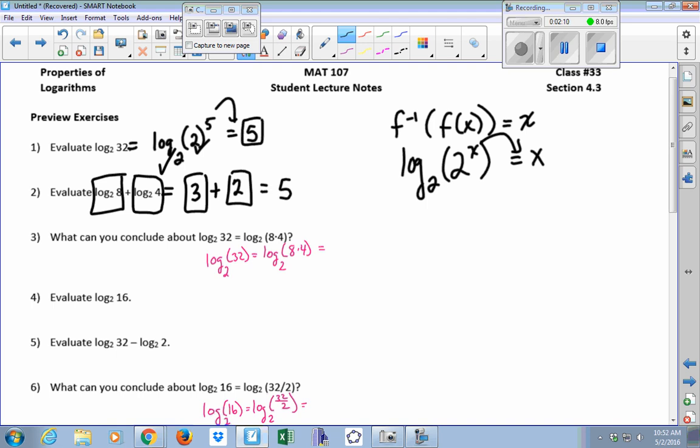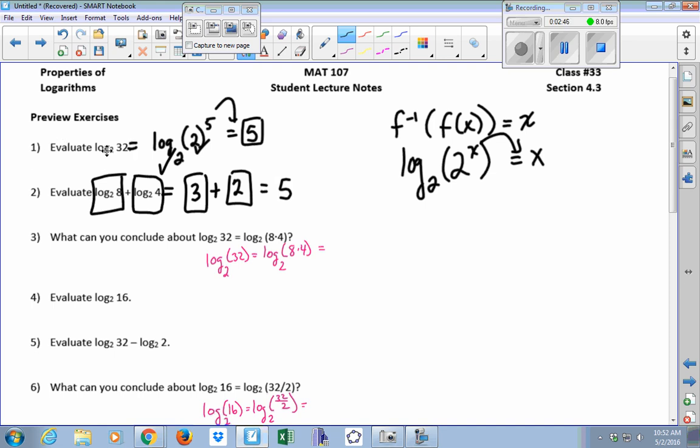So what Caitlin and I were hoping that you would see when we created these exercises is, since we can write log base 2 of 32 as a product, now there's several products you could write this as, 16 times 2, 8 times 4, but we broke it up to be the same as log base 2 of 8 times 4. So what we were hoping you would see is the relationship between this part of number 3 to what we found in number 2, and how that relates back to number 1.